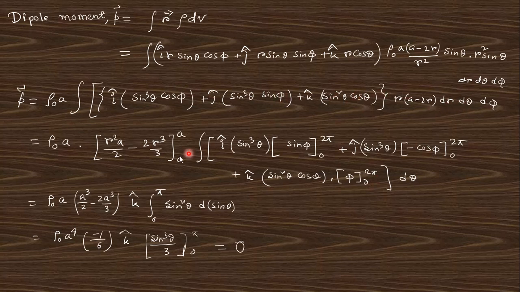So for r you get this expression, and if you take the φ integration, this cos φ gives you sin φ, and sin φ gives you minus cos φ. So if you put the values of φ, 2π and 0, this gives 0. This is also 2π and 0, this gives 0. So these two terms are 0, only k cap is present.